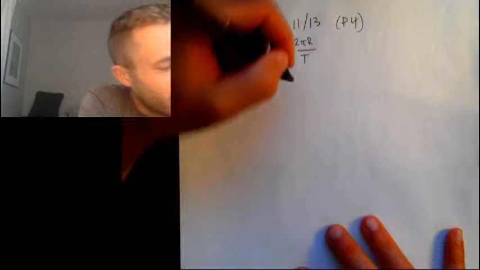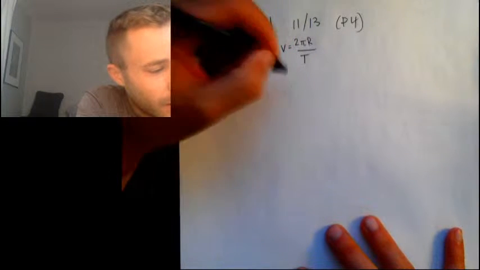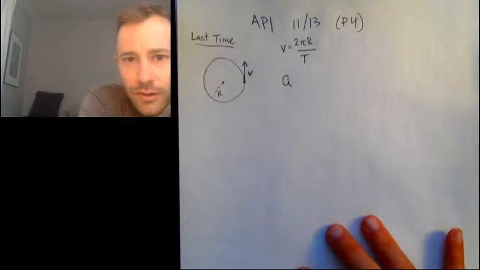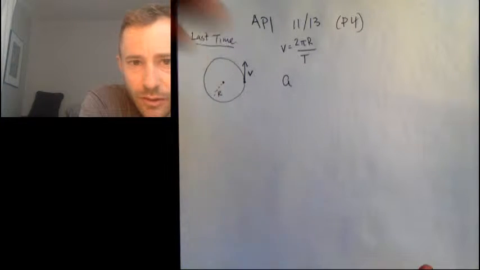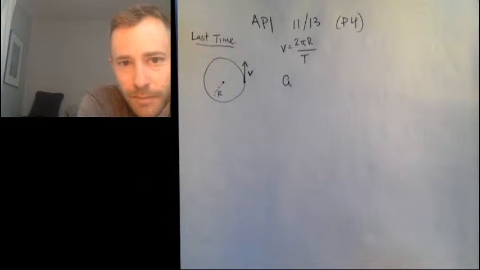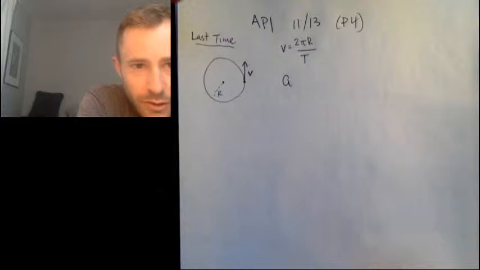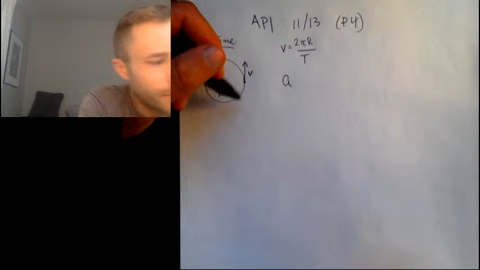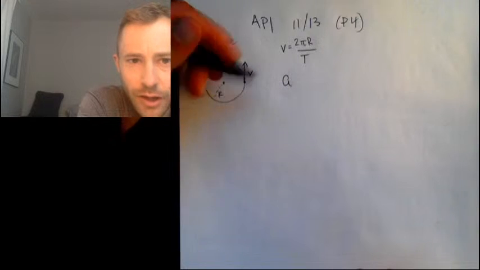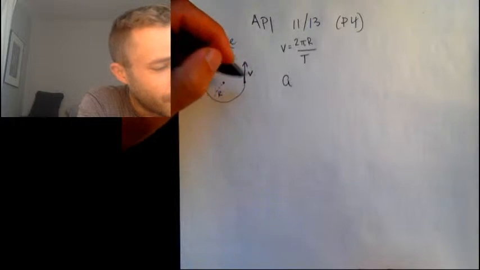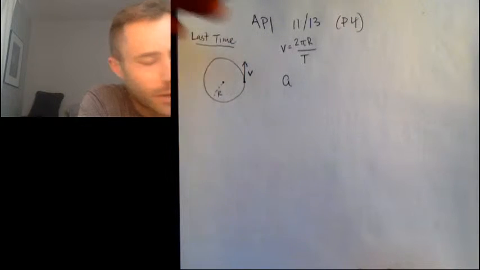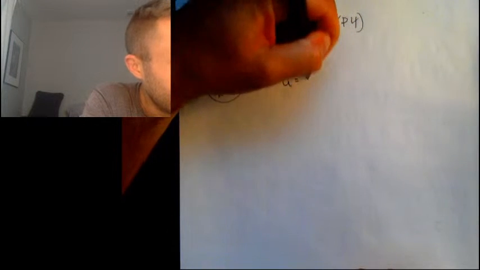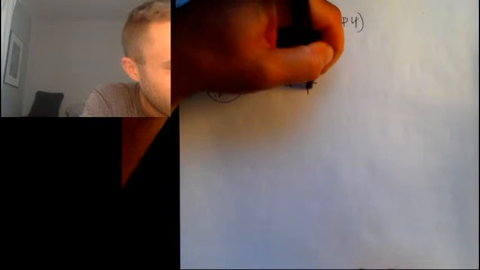And then we learned an equation for the centripetal acceleration. So recall that centripetal acceleration is acceleration due to purely direction change and not due to change in speed. Okay. So the formula for centripetal acceleration is v squared over r.